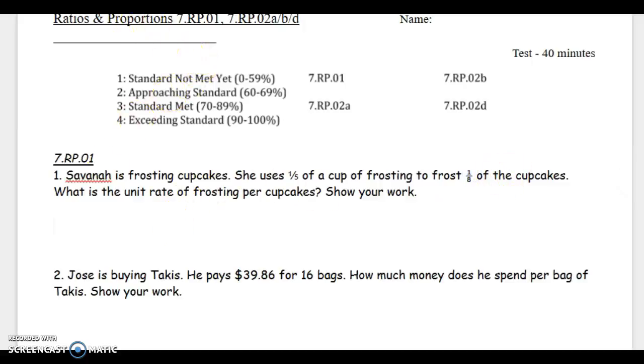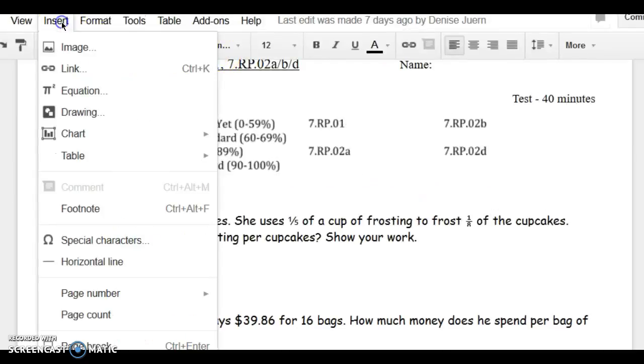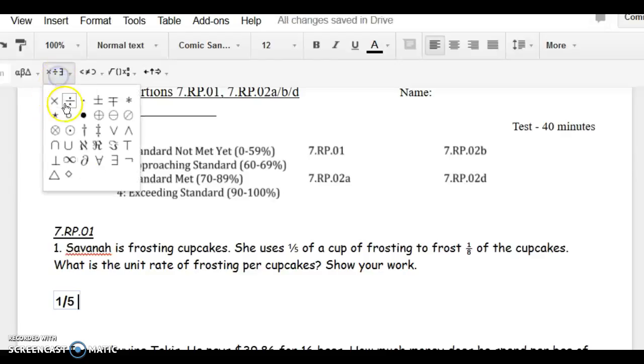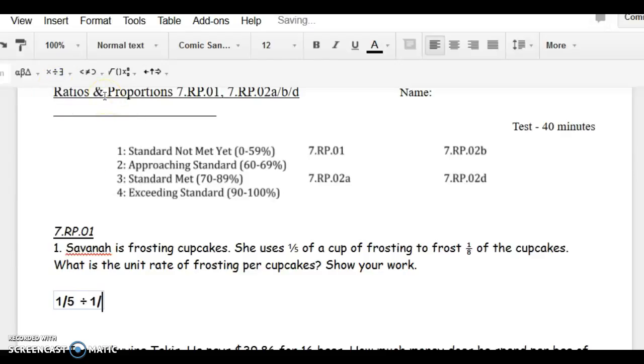So 1/5 divided by 1/8 equals, so keep, change, flip, 1/5 times 8/1 equals 8/5.